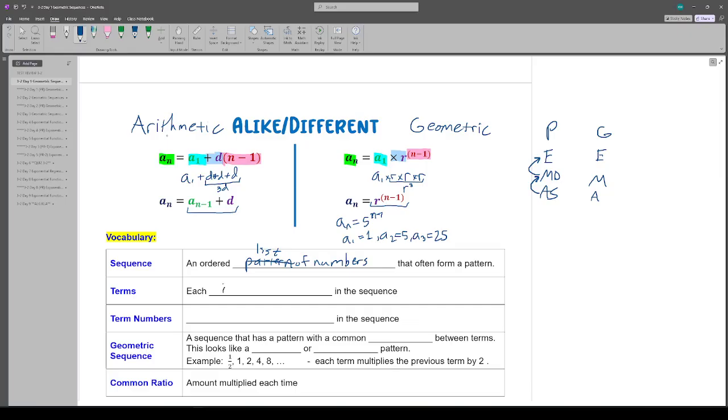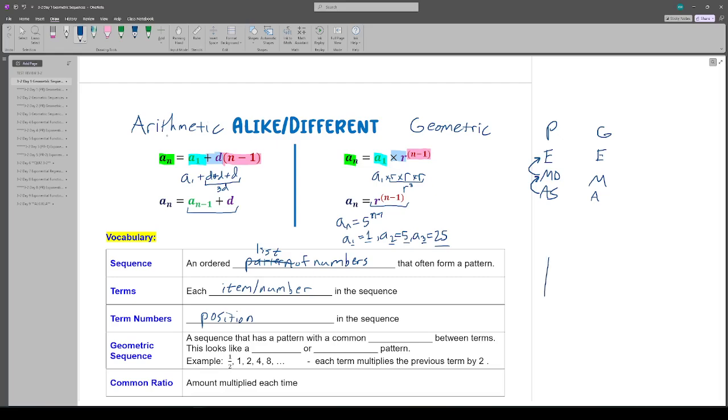Terms are each item or each number in the sequence. So in the example I just wrote, 1, 5, 25 are the terms, and the term numbers are the position in the sequence. So in the one I just wrote, 1, 2, 3 are the positions or the term numbers. So term number 1 equals 1, term number 2 equals 5.